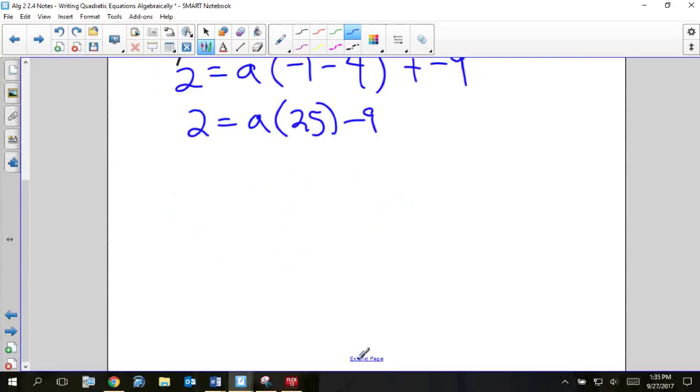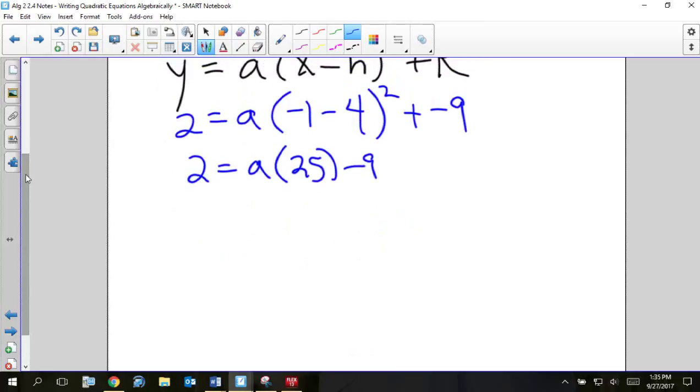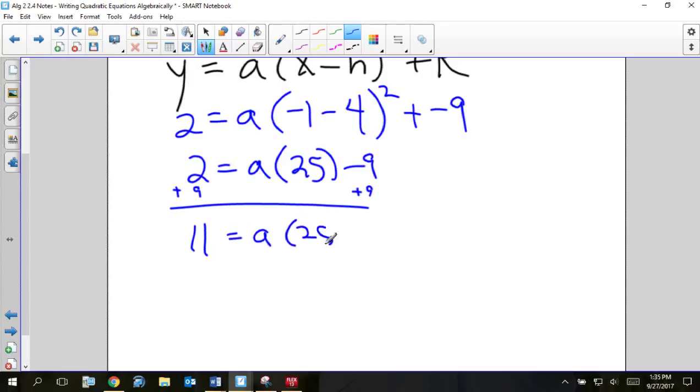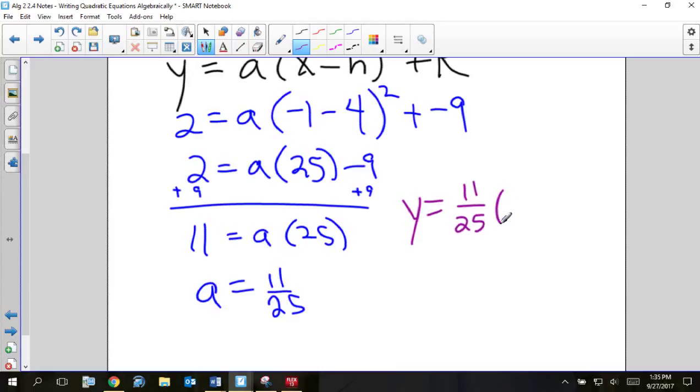Then I'm going to add 9. So 11 equals A times 25. Divide by 25, and we get 11/25. So our equation is Y equals 11/25 times X minus 4 squared minus 9.